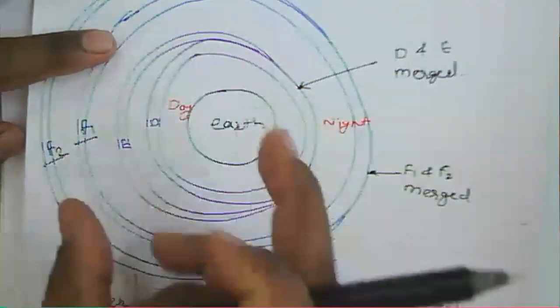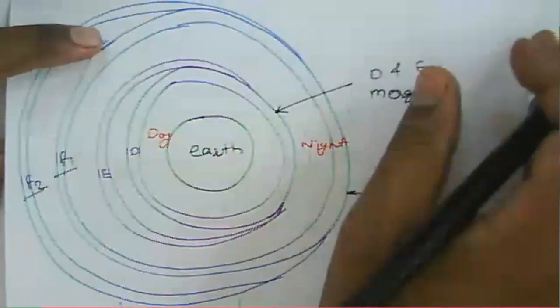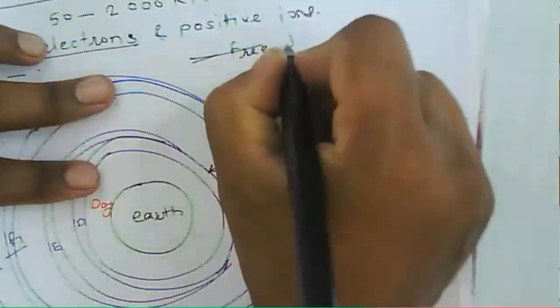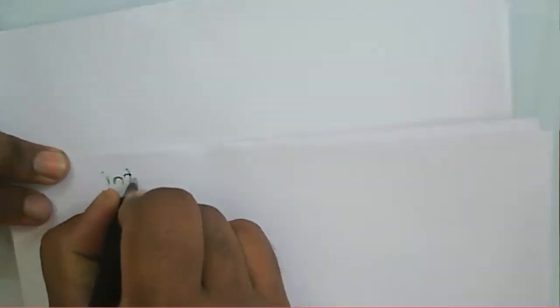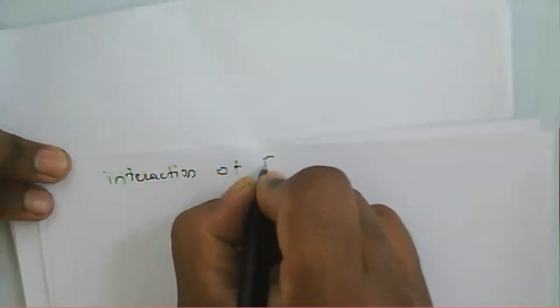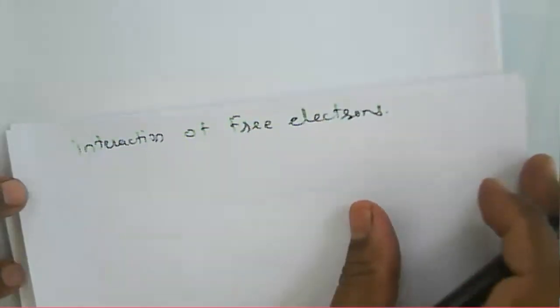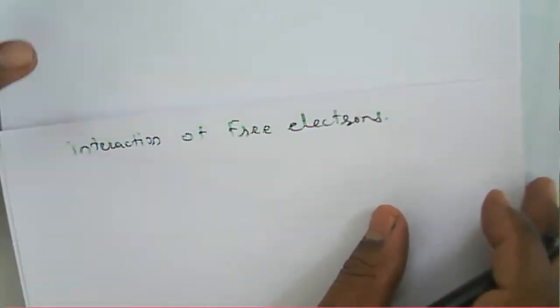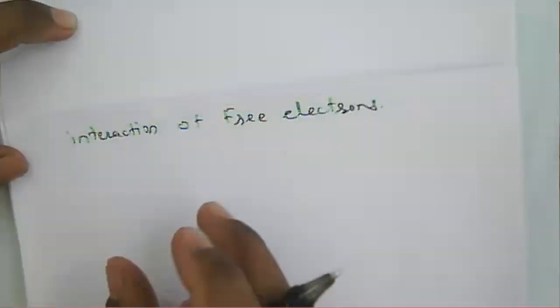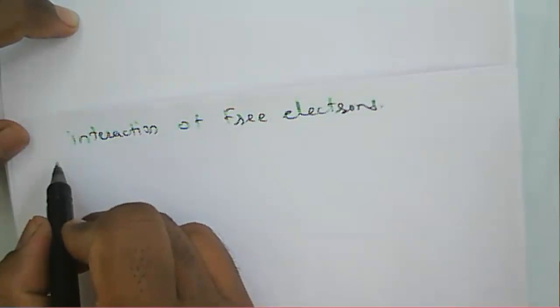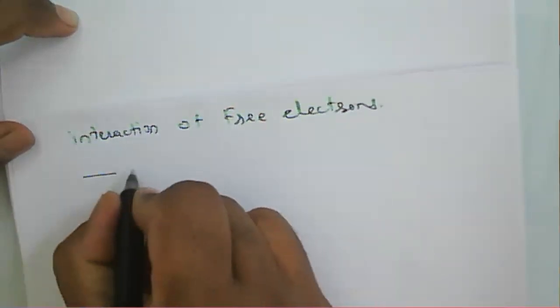Now because of that interaction with the free electrons, when our signal or radio waves propagate through the ionized region of the atmosphere, interaction with the free electrons takes place, and because of that interaction they introduce a group delay.